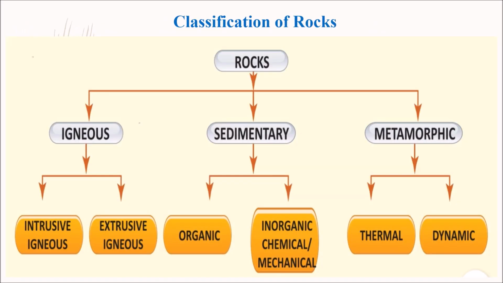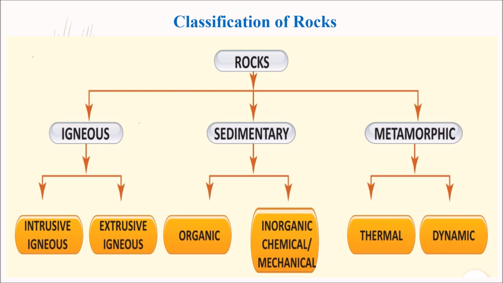Classification of rocks. Rocks are classified into 3 types like igneous rocks, sedimentary rocks and metamorphic rocks. Igneous rocks are classified into intrusive igneous rocks and extrusive igneous rocks.